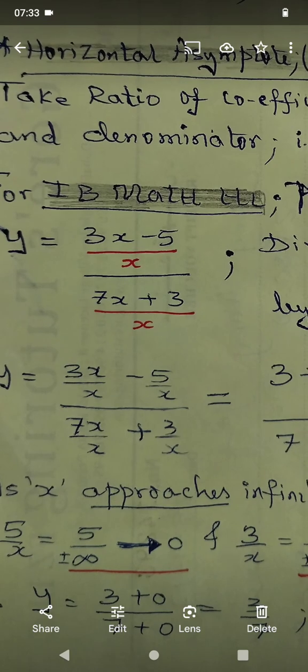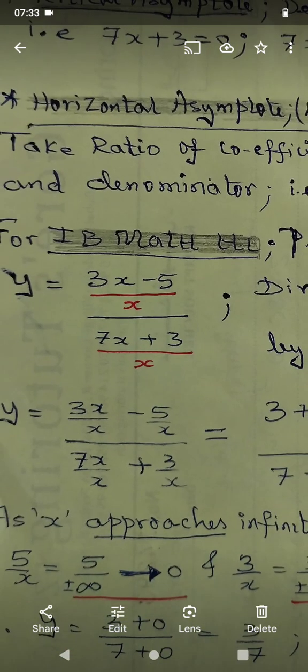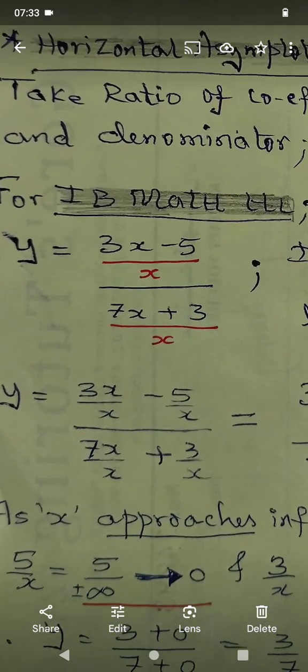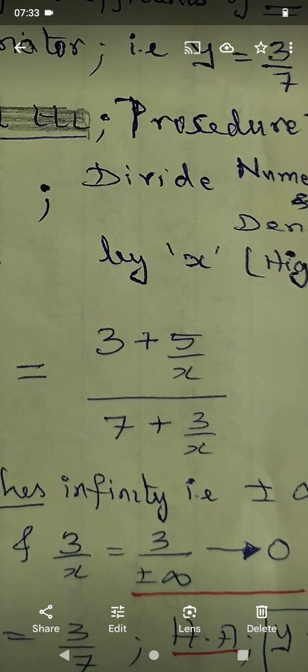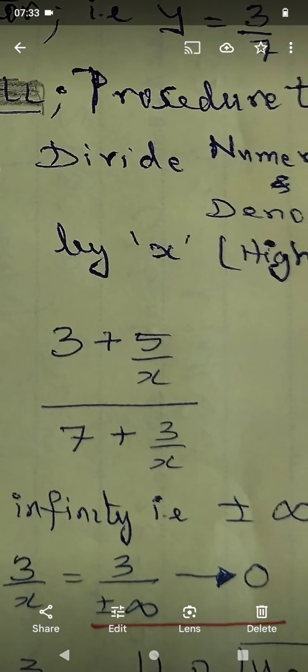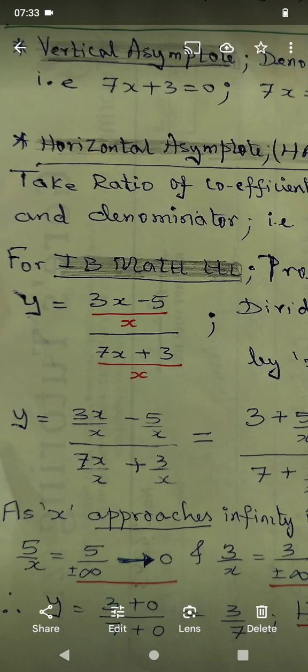So we have to see the behavior of the curve when the x values are huge, both on the left hand side and right hand side. So to find the horizontal asymptote, I will use this technique of x approaching infinity on the plus and minus side.